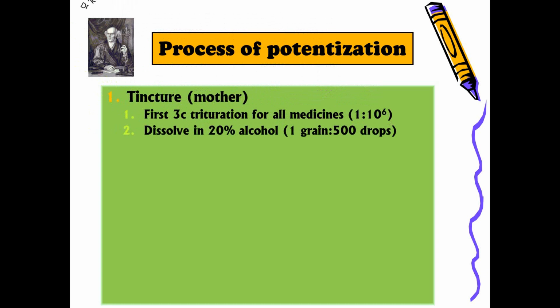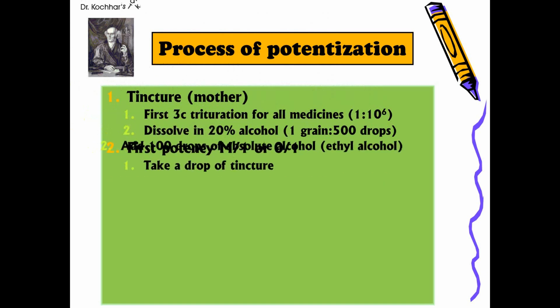The first third potency of all medicines, no drug groups, all medicines are to be triturated, and 3C trituration is to be made, that is 10 raised to the power minus 6, 1 in 10 upon 6. Then dissolve in 20% alcohol, how much? 1 grain in 500 drops, and then that becomes the first potency, mother potency or the tincture potency.